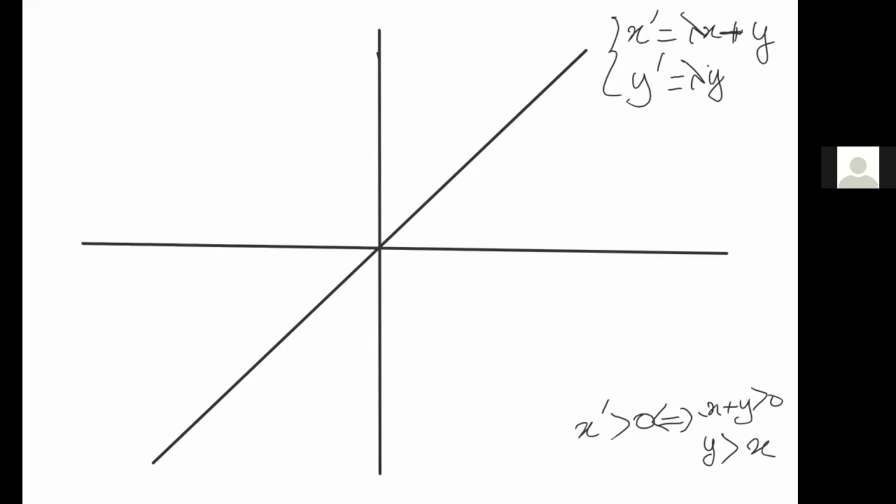And the other null line: if I look at y prime greater than 0, it is the same as minus y greater than 0, which is y negative.